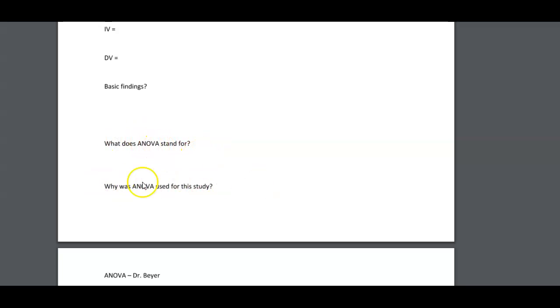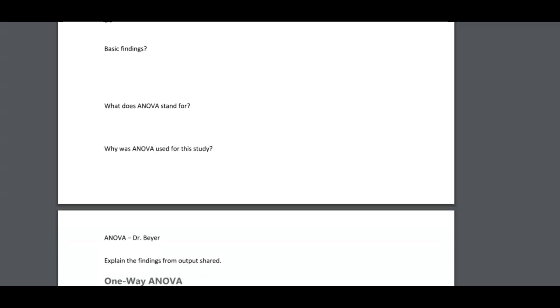And then why was ANOVA used for this study? Again, justify based on what you know why ANOVA was appropriate. Maybe look at the number of groups, levels, conditions, treatments, what level of measurement my outcome, the dependent variable, is, and what level of measurement my independent or predictor variable is.